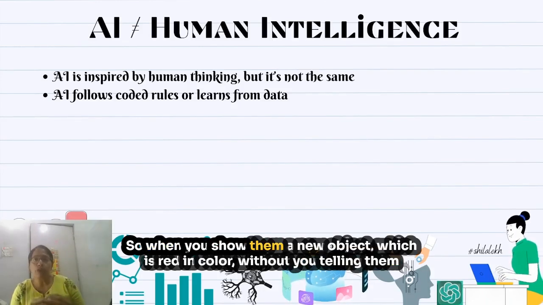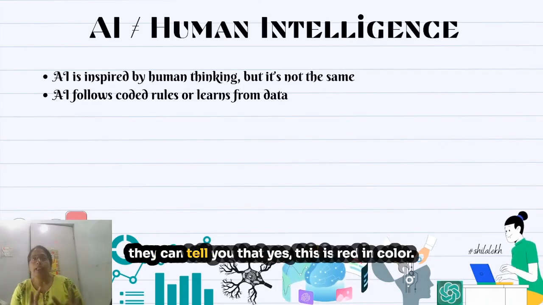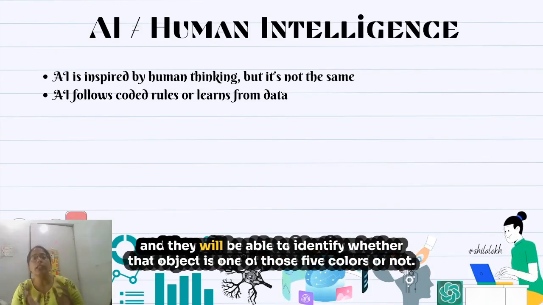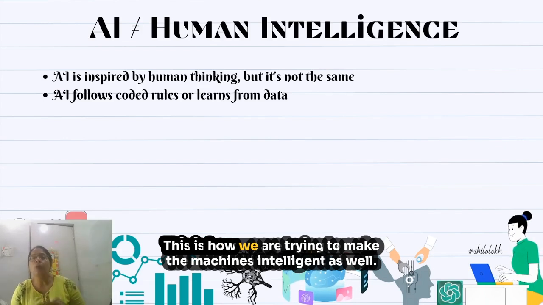So when you show them a new object which is red in color, without you telling them, they can tell you that yes, this is red in color. The next level would be you are teaching them 5 colors and you show them a new object and they will be able to identify whether that object is one of those 5 colors or not. This is how we are trying to make the machines intelligent as well.